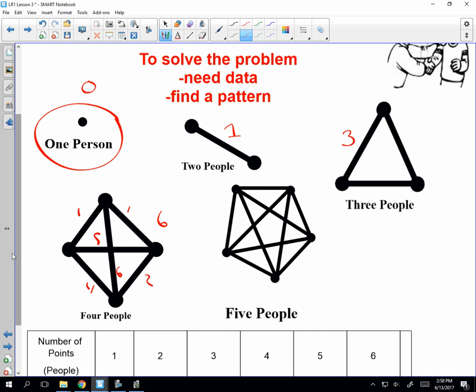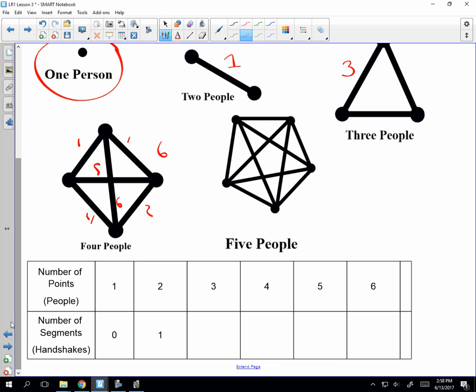Okay, so what we're doing is we're trying to build out this pattern. So for 3 people, we have 3 handshakes. 4 people, we have 6 handshakes. Okay, when we look at 5 people, we'll have 10 handshakes. 1, 2, 3, 4, 5, 6, 7, 8, 9, and here is 10.